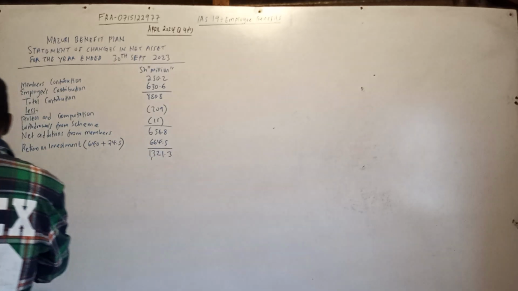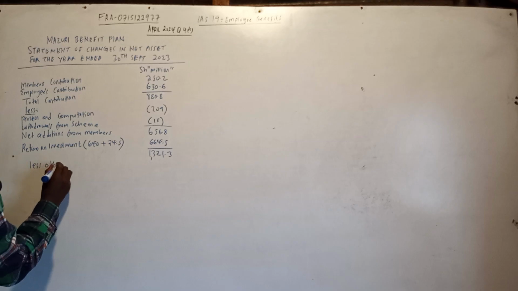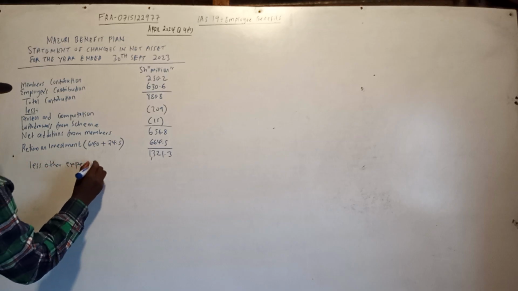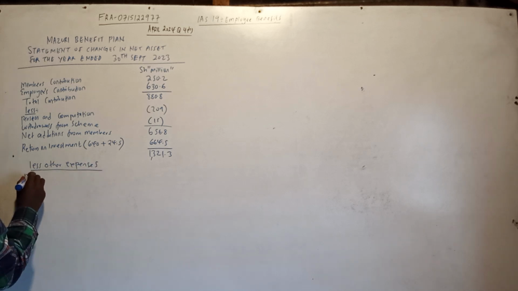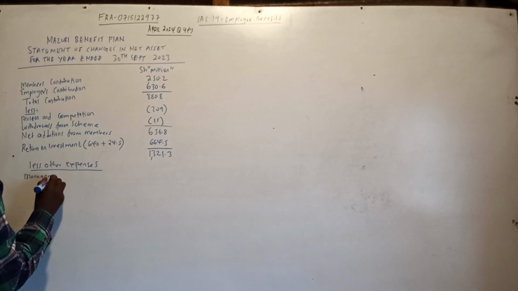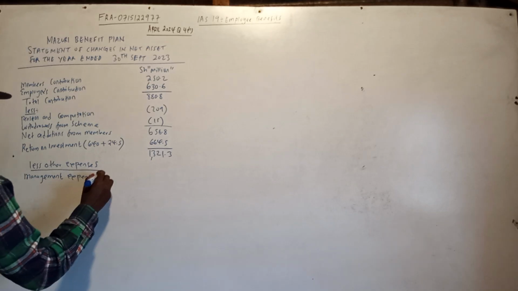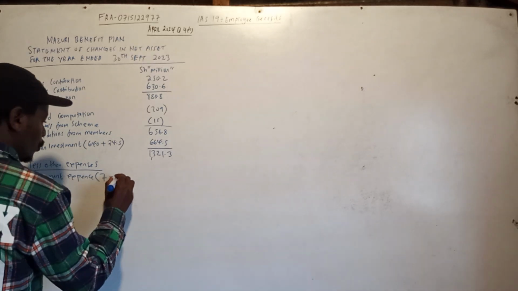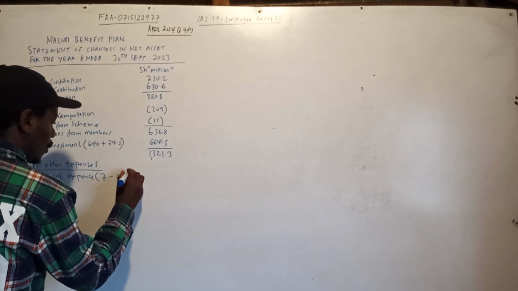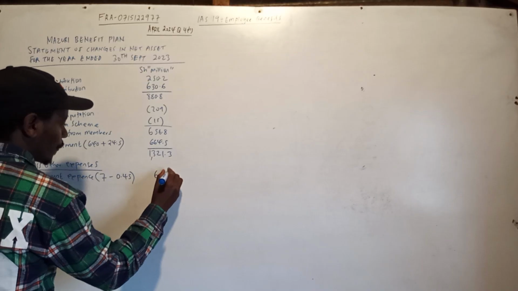So we check on that so that we have 1321.3. Now let's deduct other expenses. We have the management expense. It had a working: the management expense was 7, then we had a prepayment expense of 450, which converted to million is 0.45, so it goes to 6.55.